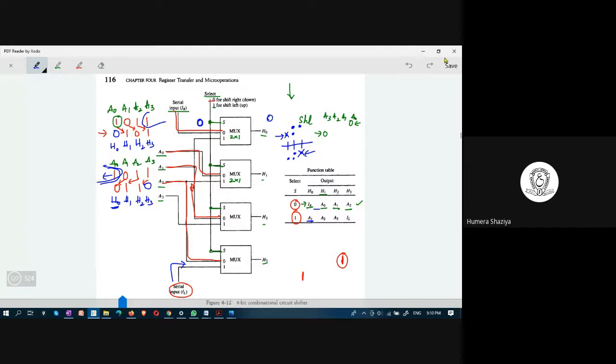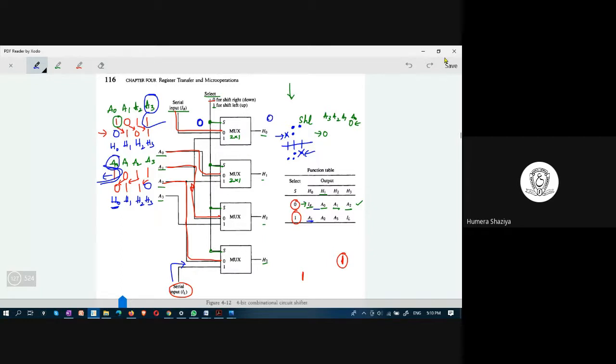It loses A0 because, no, again this is in right shift. A3 will be lost. Lost in the sense it is serial out, eliminating. In left shift, A0 will be eliminated or lost.